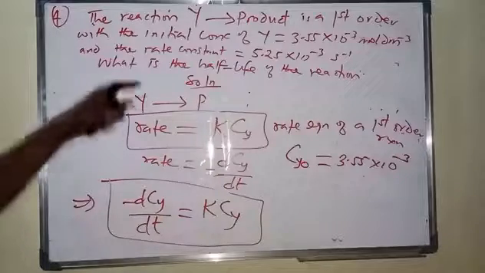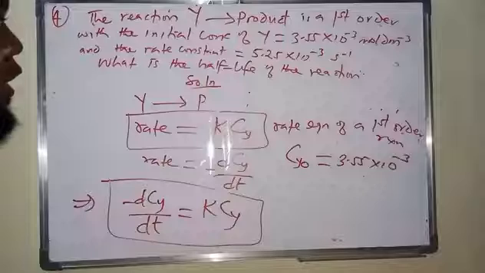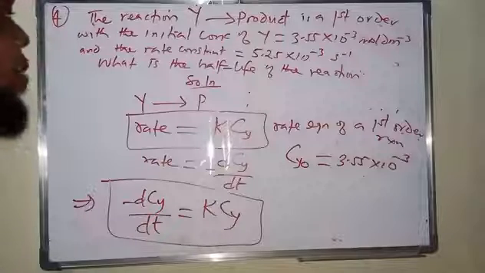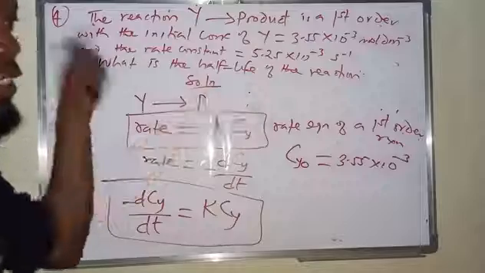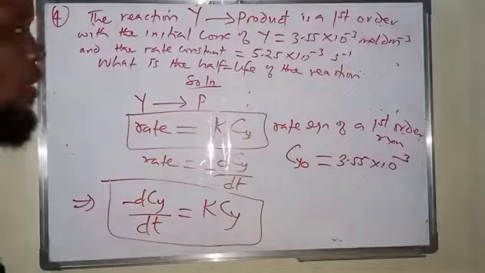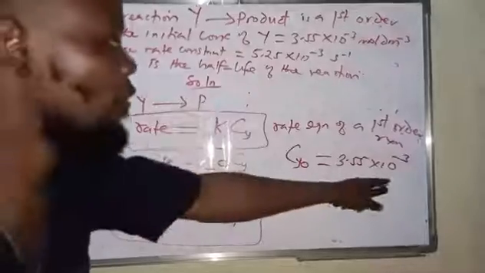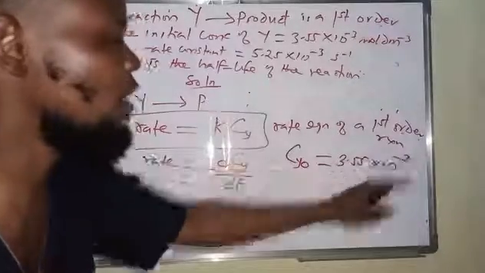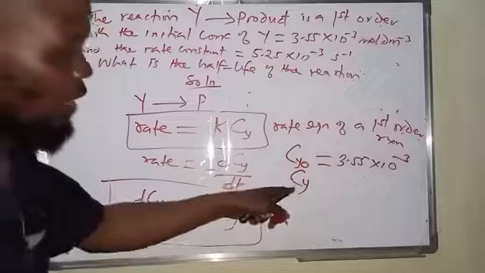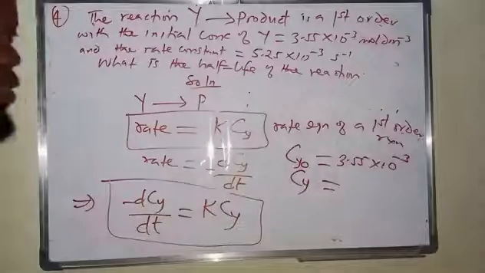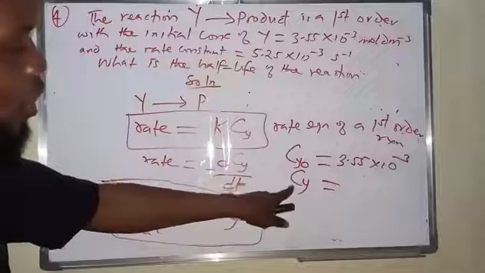So the question asks, what is the half-life of the reaction? What does this mean? The half-life of a reaction is the time it takes half of the original amount of the reactant to disappear. So if the original concentration of Y is 0.55 times 10 to the power minus 3, then its concentration at a time t half, which is the half-life, is its final concentration Cy.